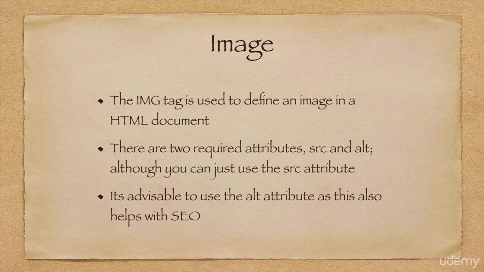So if a screen reader is going through the HTML document, for an image it will read the alt attribute of the image. So it's very important, and it does help with SEO. So remember, src is the file, img is image, and alt is a little bit of text that describes what the image is.